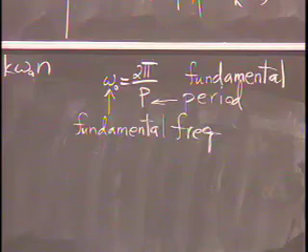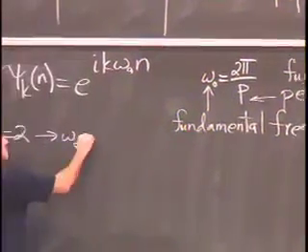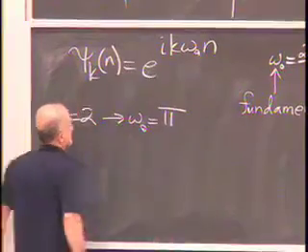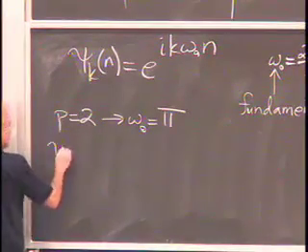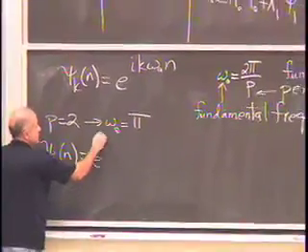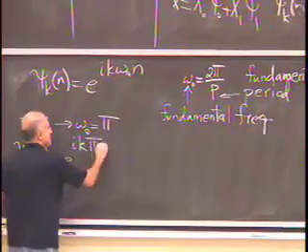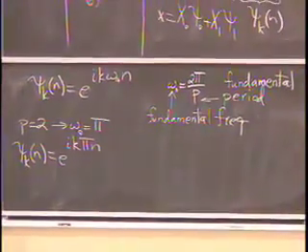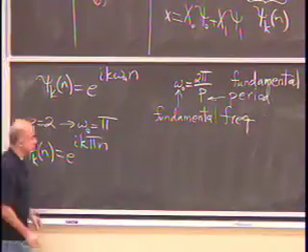So if p is 2, what's omega naught? Pi. Right? So ck will be e to the i k pi n. Okay? Now let's plot this.